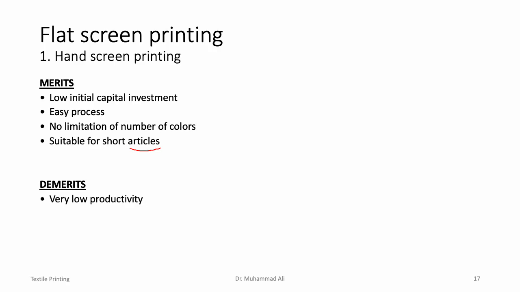As far as the drawbacks are concerned, it's obvious from the videos that I've shown that the process has very low productivity compared to the automated versions of the flat screen printing process. And then there is a slight possibility of non-uniformity of results. So if by chance a printing house appoints a worker who is not very skilled, then there are chances of non-uniformity in their prints.